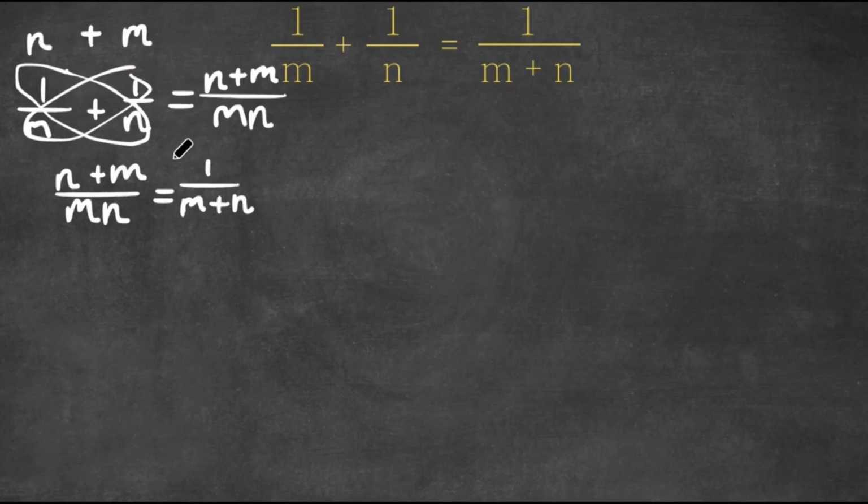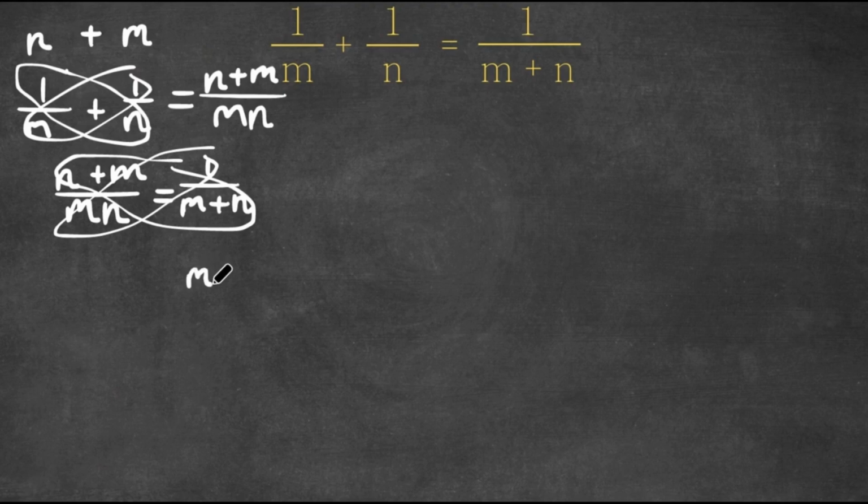Now I'm going to cross multiply once again because we have another equation here. If I do that, we get mn times 1 is simply just mn. This is equal to n plus m times m plus n, which is simply just m plus n squared.